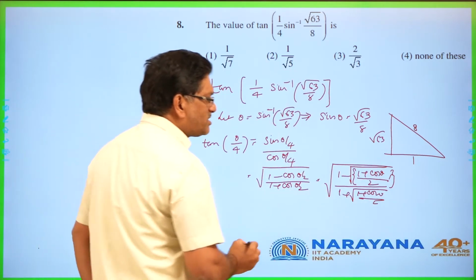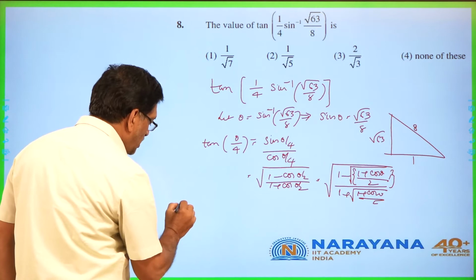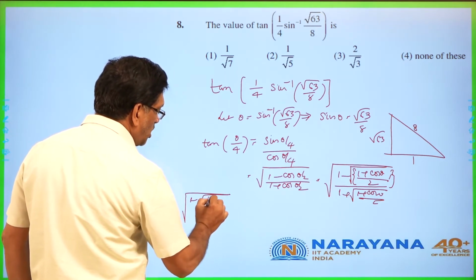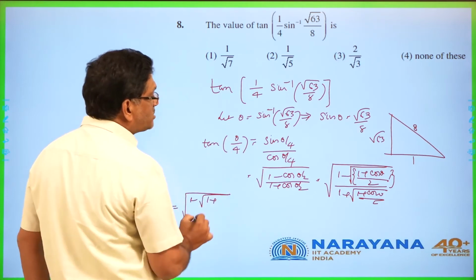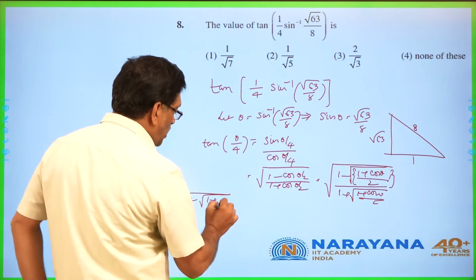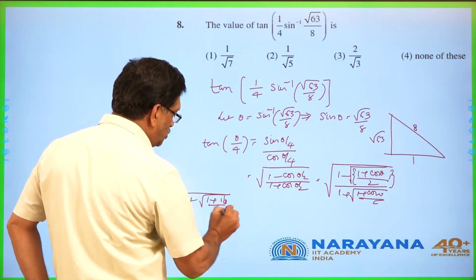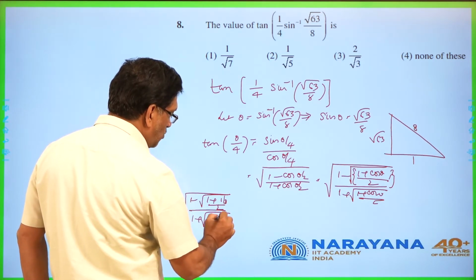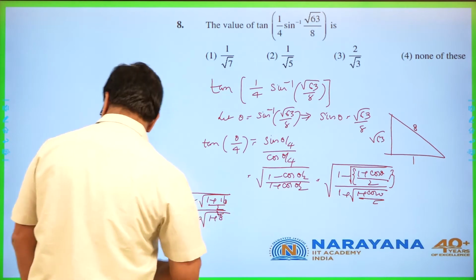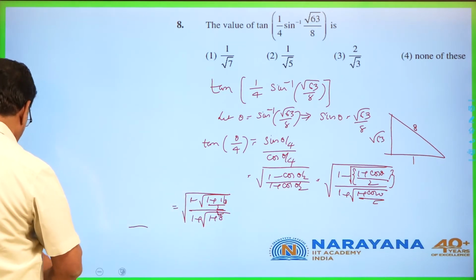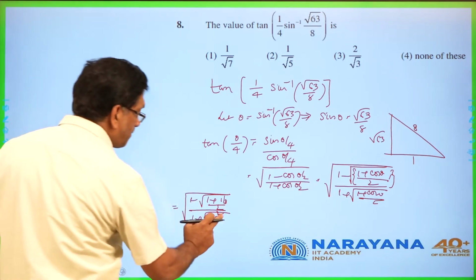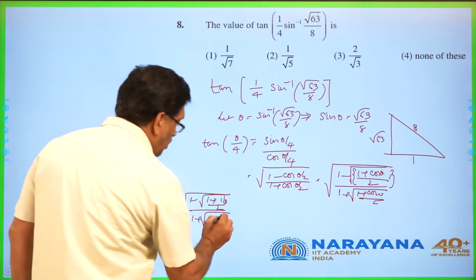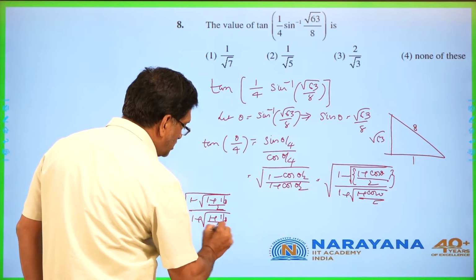Right? Now let us substitute it. It is root of 1 minus root of 1 plus cos theta, that is 1 by 8, by 2, by 1 plus root of 1 plus 1 by 8 by 2.